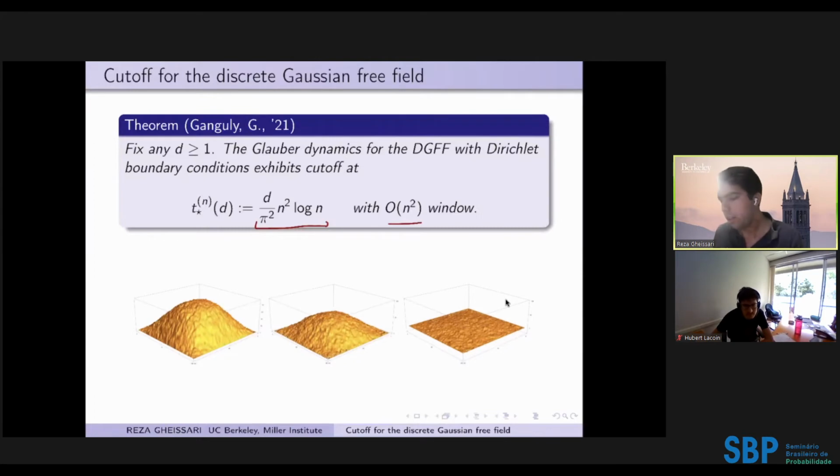Okay, so as you can see, if you plug in dimension 1, you recover exactly what's known for dimension 1 for other random curve models and their cutoff. And in dimensions bigger than or equal to 2, this now is no longer the time it takes for the average of the height to get to the order root n. It's now the time it takes for the average to be of order something dimension dependent, which is going to compete with variance such that the fluctuations can wash it away.